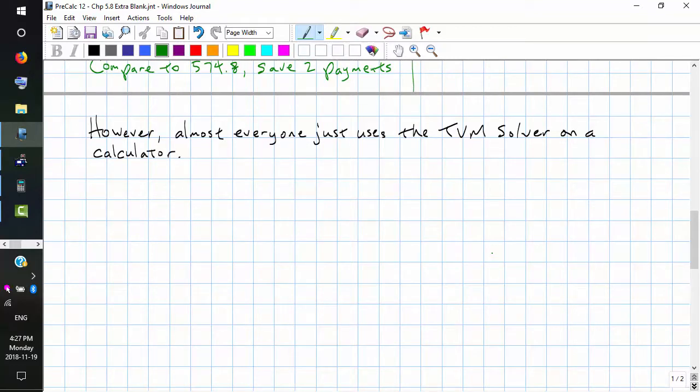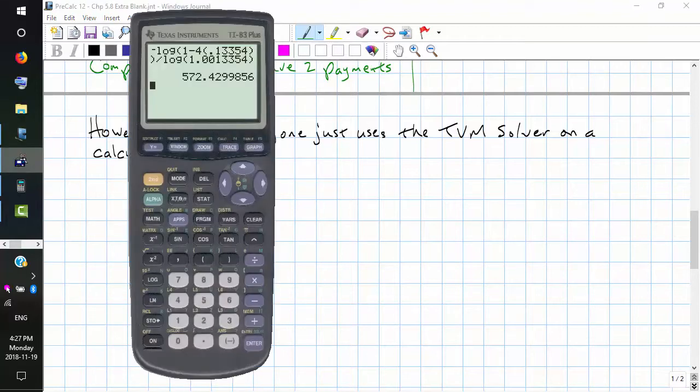Now, almost nobody solves this by hand, and almost everyone just uses the TVM solver on a calculator. I would use this to check your answers on a test because you need to still show your algebra. So how do we do this? So we go to Apps, Finance, TVM Solver.